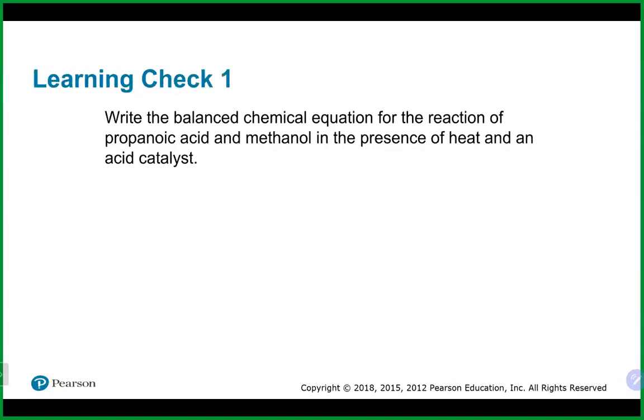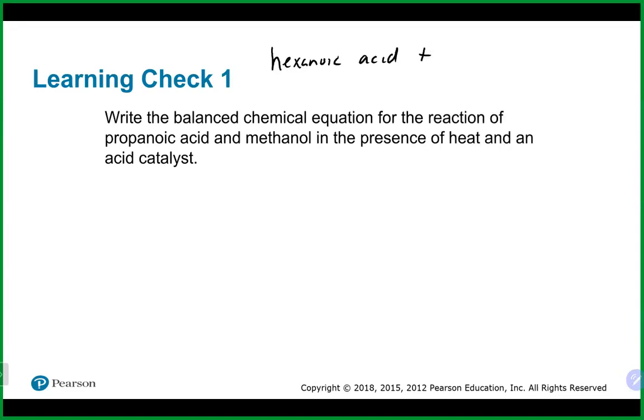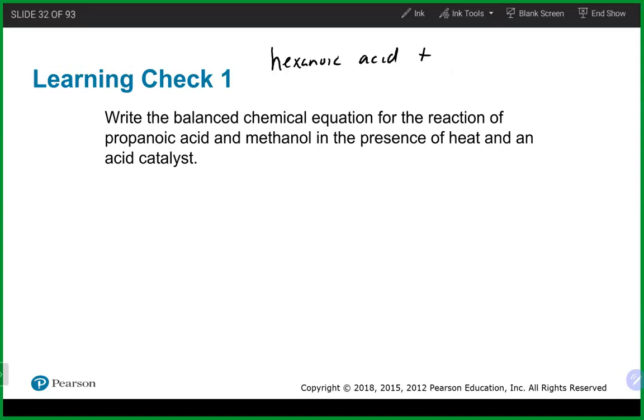All right. So why don't you do this one here? Do propanoic acid and methanol. And why don't you also do hexanoic acid plus ethanol here.